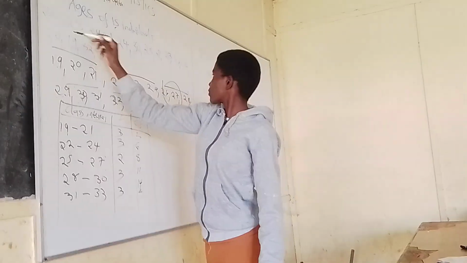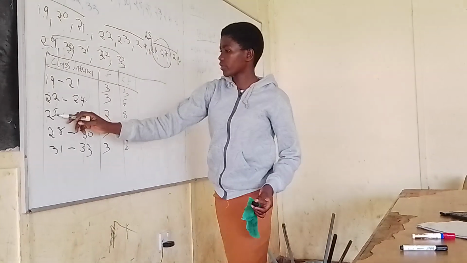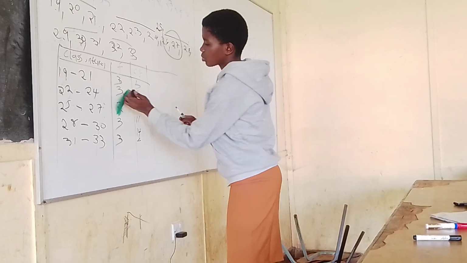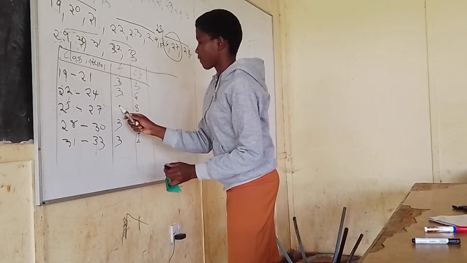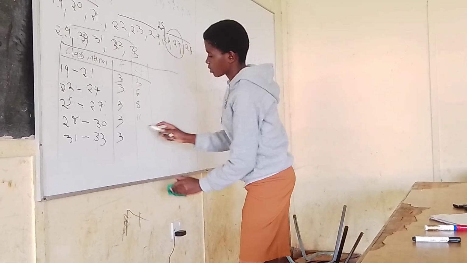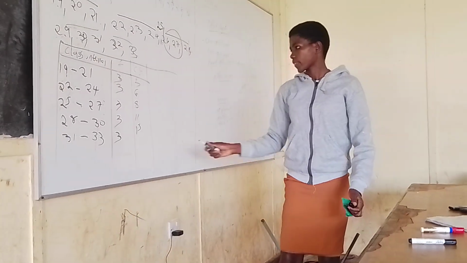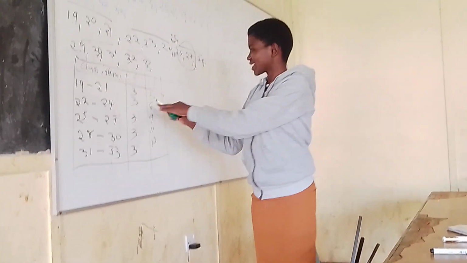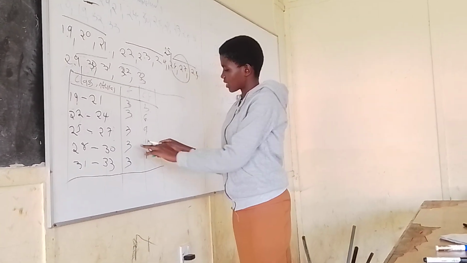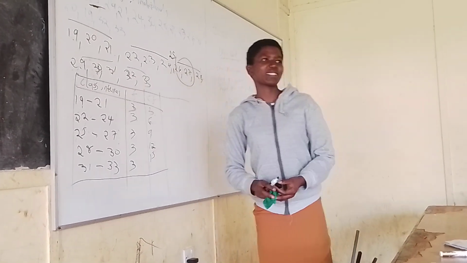It is 25. We didn't include 25. So from 25 to 27, there are 3, not 2. So the total should be 15, because we were told it is the ages of 15 individuals. So we have 3 plus 3, 6. 6 plus 3, 9. 9 plus 3 is 12. 12 plus 3 is 15.